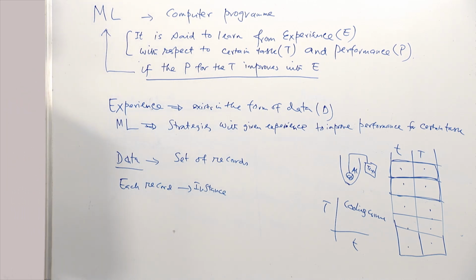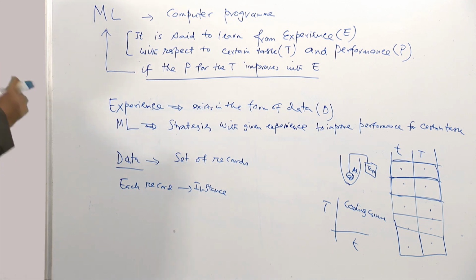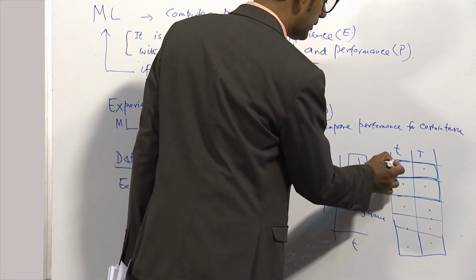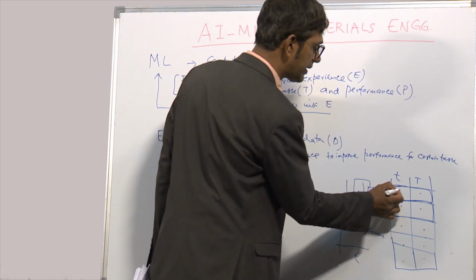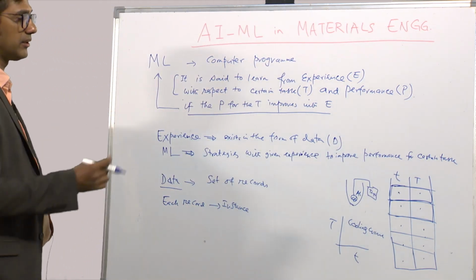Now you have to understand that for each instance, or let us say for each record, there will be certain features or attributes, right? Like this instance has temperature as one attribute, time as another attribute. You can have many actually, why not?